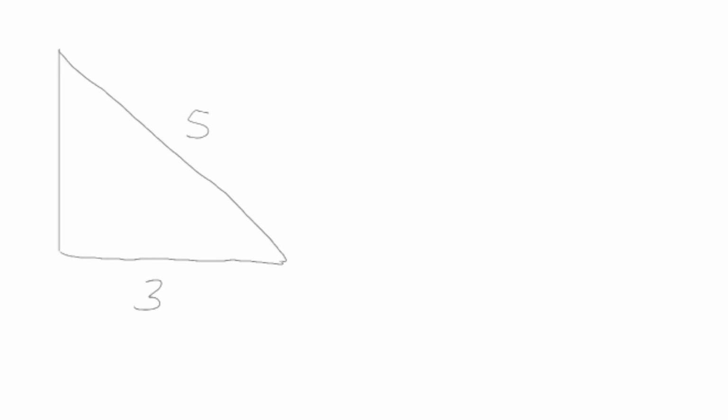Let's say one side is missing. We're still using our 5, 3. So let's say this side of triangle A, B, C is missing, and you are asked to find this side.